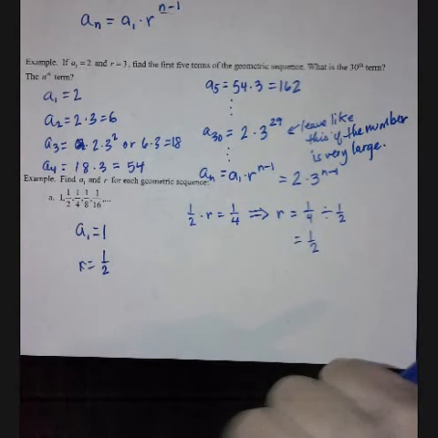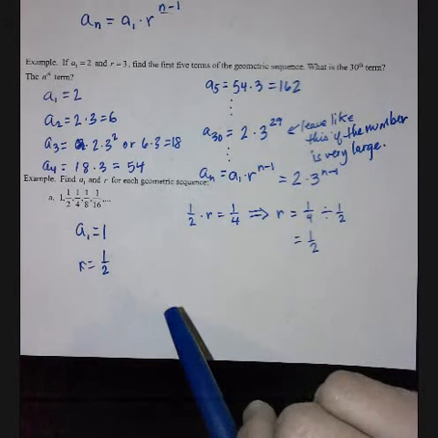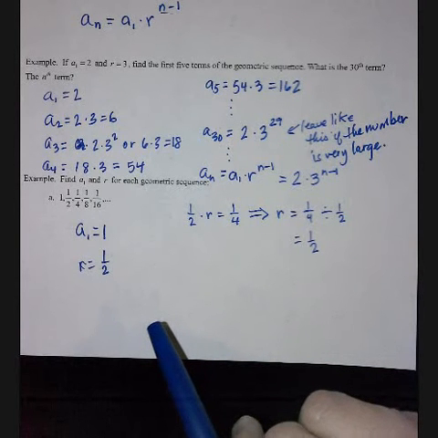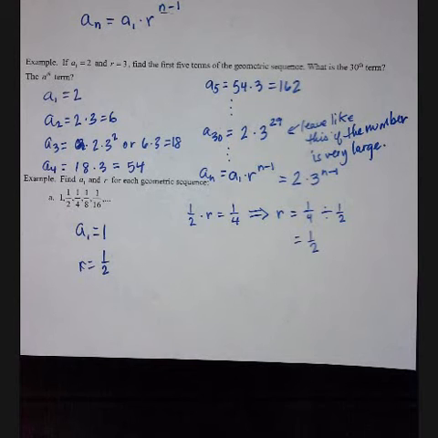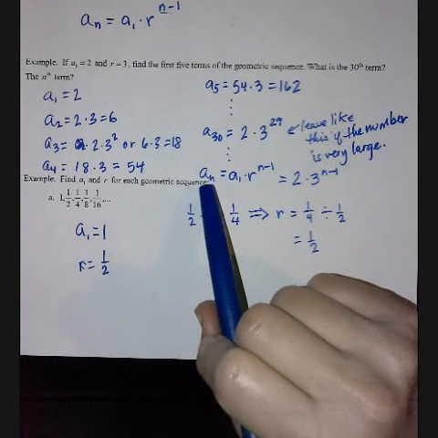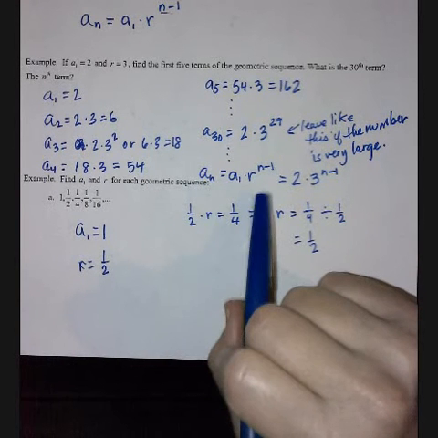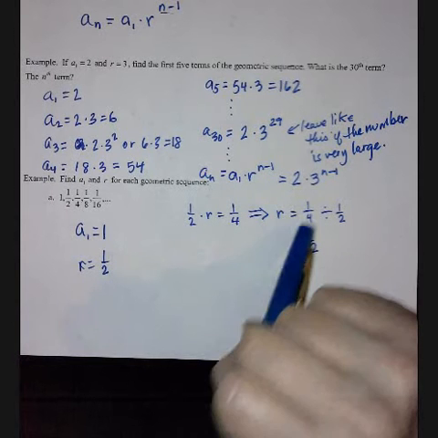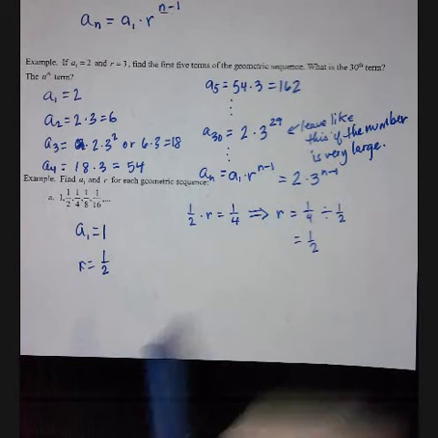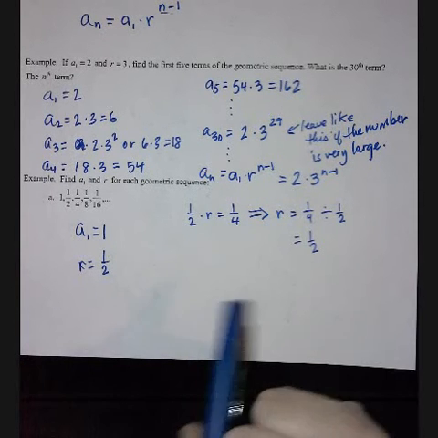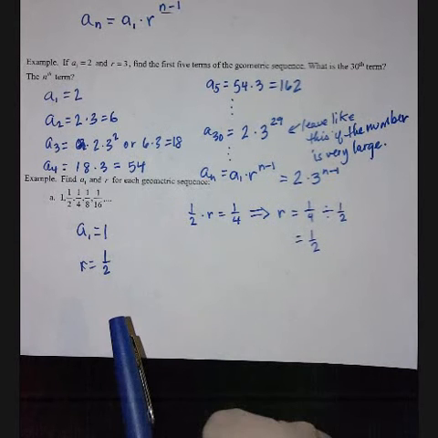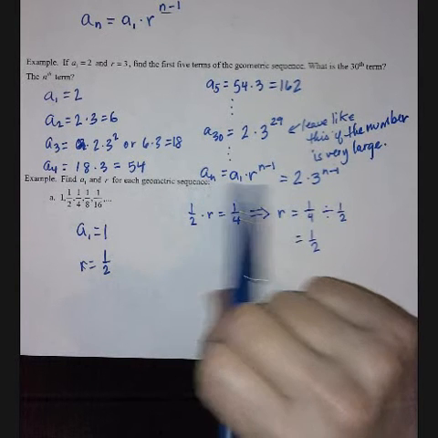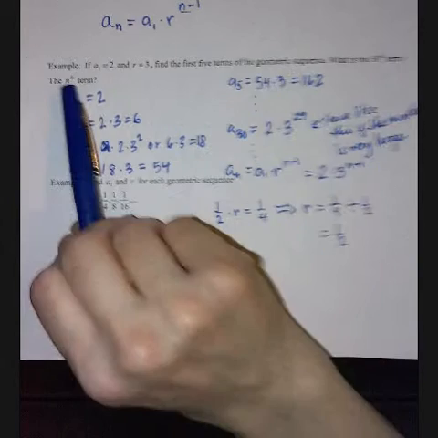So you don't have to write that all out if it's a really crazy number. A sub n then would be, of course, the formula is a sub 1 times r to the n minus 1. So 2 times 3 to the n minus 1 would be the formula for a sub n. So this is just asking for a formula in terms of n when it asks for the nth term.